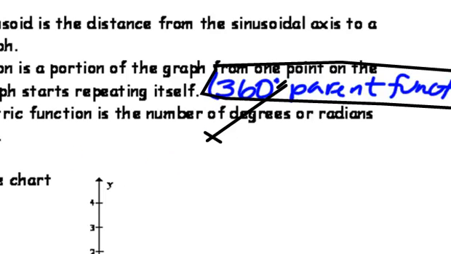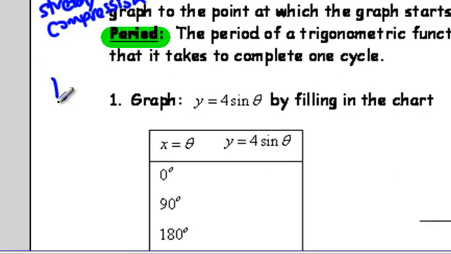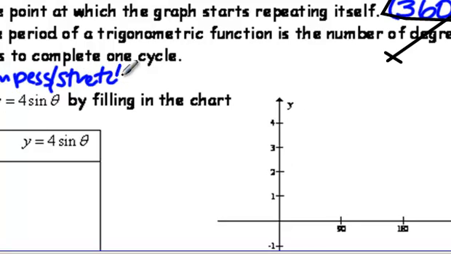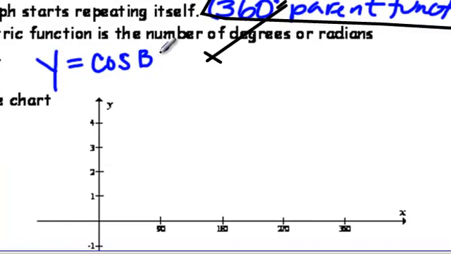Now, the way you find this is also our horizontal stretch or compression. Let's go ahead and write that down. So horizontal stretch, or I'm going to write compression first because I said stretch, but I wrote compression. Okay. Now remember, this is like if we wrote cosine b of theta.